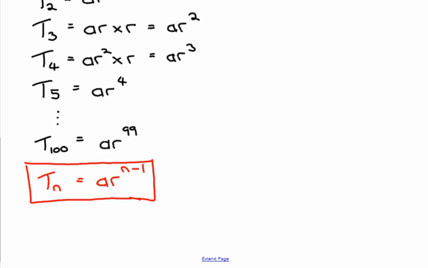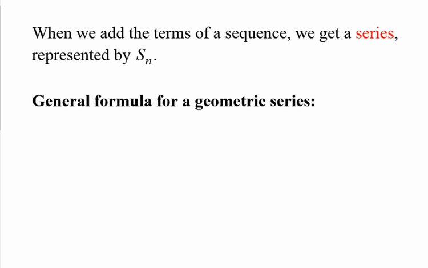Now let's take that one step further. When we add the terms of a sequence, so we add them together, we get what is called a series. And we represent our series by Sn. So instead of Tn for the term, our series, which is the sum, is Sn.